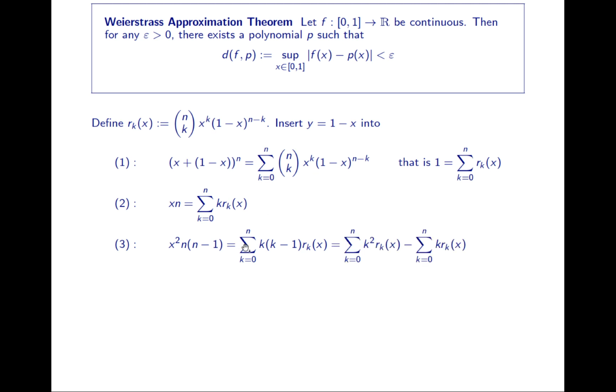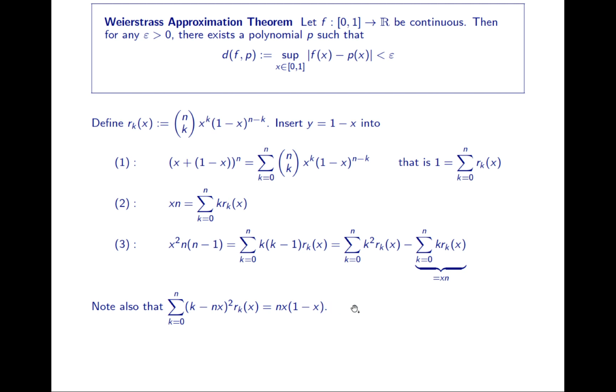Of course, if I expand this out, I get the sum of k squared r_k minus the sum of k times r_k. We know what the sum of k times r_k is. It's x times n. So in fact, I could use those results of inserting y equals 1 minus x into expressions 1, 2, and 3, and note that this expression is true.